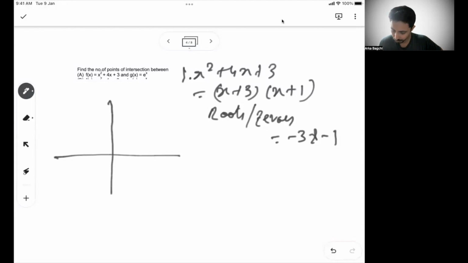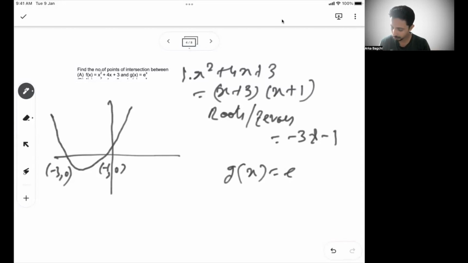So my graph will be like this, where this is minus 1 comma 0 and this is minus 3 comma 0. Okay? My graph will be like this. And g(x) is e to the power x. So I know at x equal to 0, g(x) will be equal to 1.